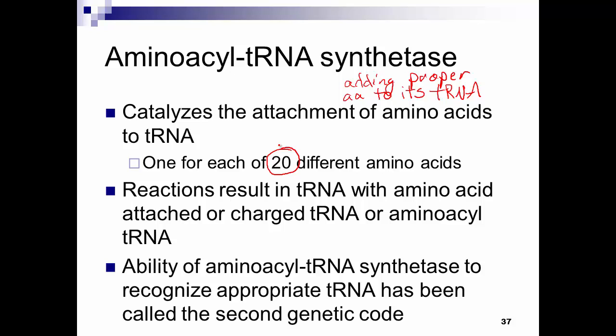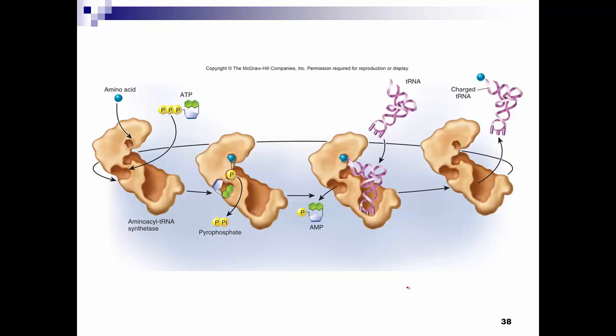And it's the ability then of these enzymes to add the correct amino acid to its tRNA that really becomes a second genetic code, because the specificity and the accuracy of this step is essential to everything that follows thereafter. Right? I mean, if this enzyme does not add the proper amino acid to the tRNA, translation is going to be incorrect.